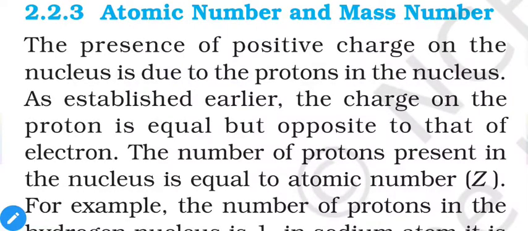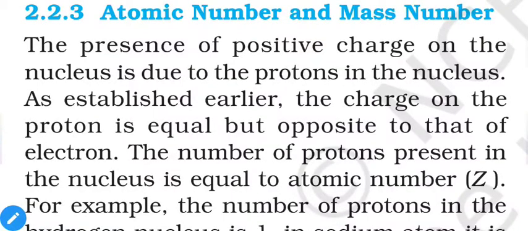So we can say that simply the number of protons is equal to the atomic number. If the atomic number of an element is 11, we can say that it contains 11 protons, and if it is 85, then it contains 85 protons. So the whole periodic table is arranged according to the atomic number of elements. Let us discuss it further.